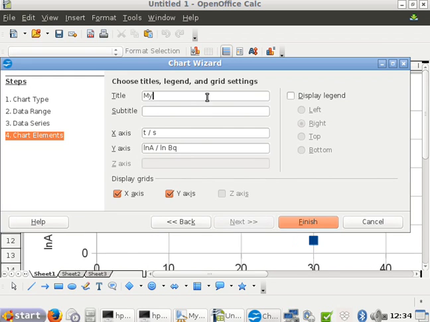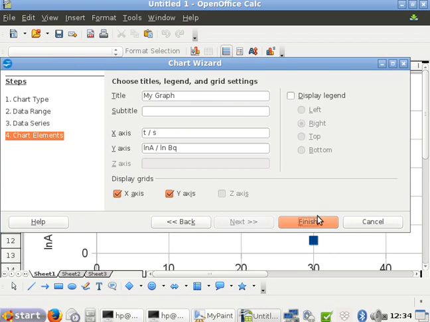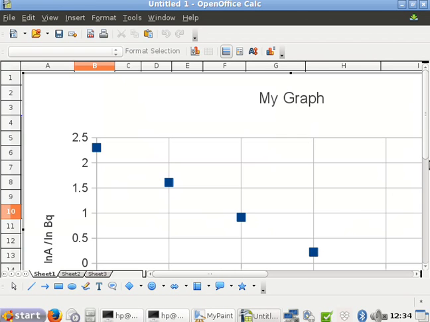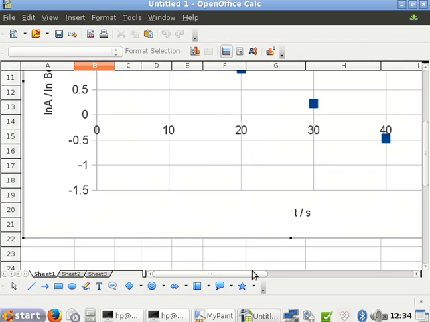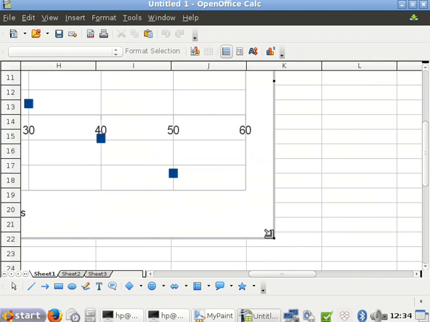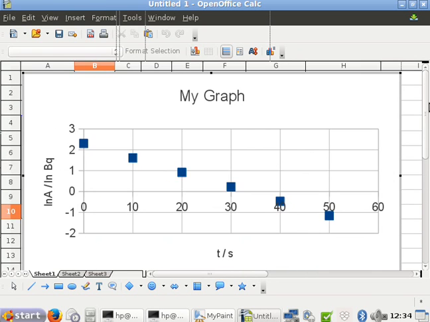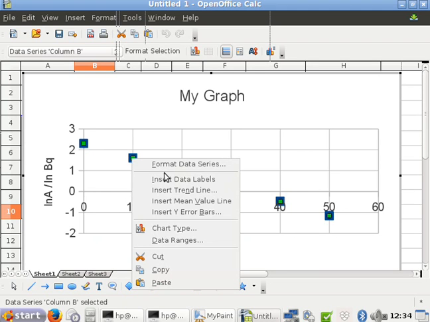Title: my graph. Okay, finished there. Nice point. That graph. Right, so insert trend line.